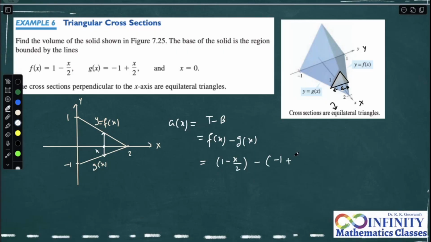Minus 1 plus x by 2. What should be the length of the side, please? That should be 2 minus x, right? So this is the length of the base.